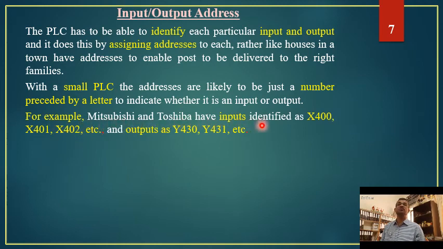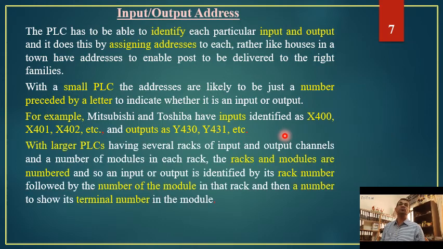Mitsubishi and Toshiba have inputs identified as X400, X401, X402, etc. This X letter is representing, by international standards, an input. If we have Y, it means that it is an output. Output addresses could be something like Y430, Y431, etc., etc. So input and output could be easily distinguishable from each other.